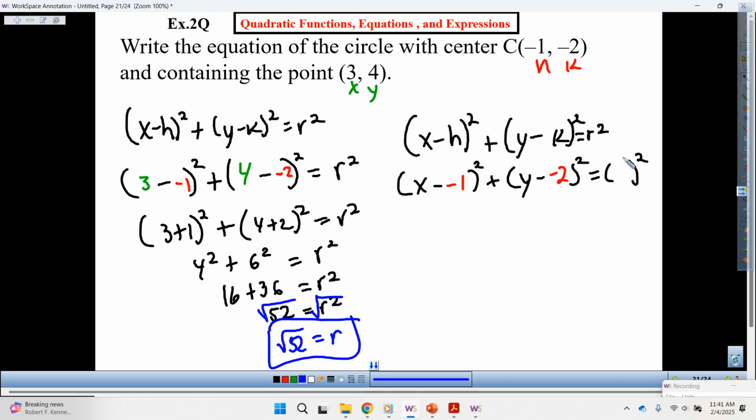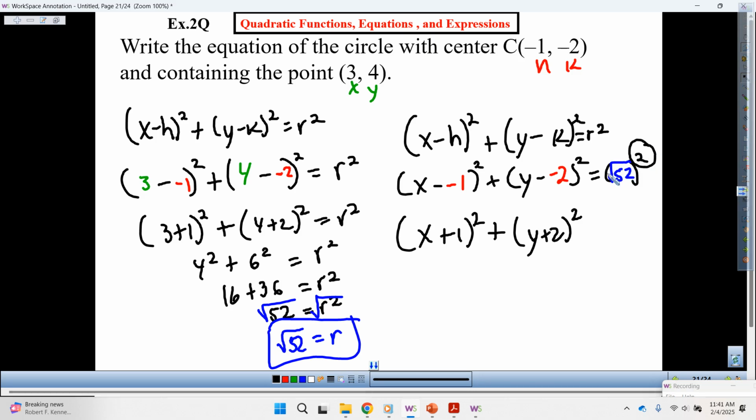Equals the square root of 52, squared. So, let's simplify this. x plus 1 squared plus y plus 2 squared. Now check this out, look up.